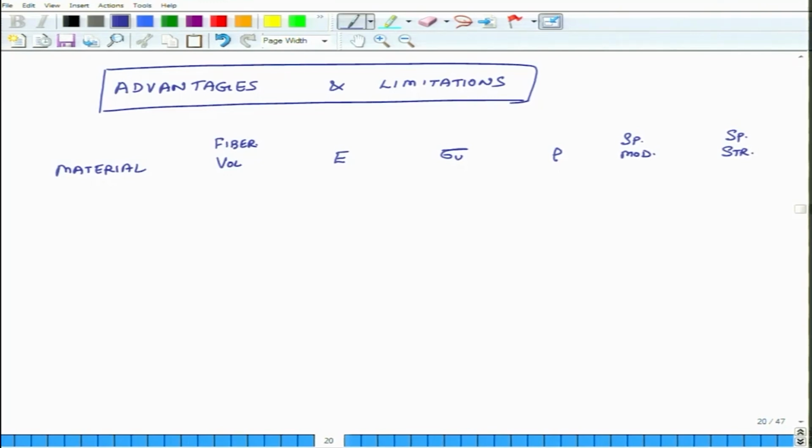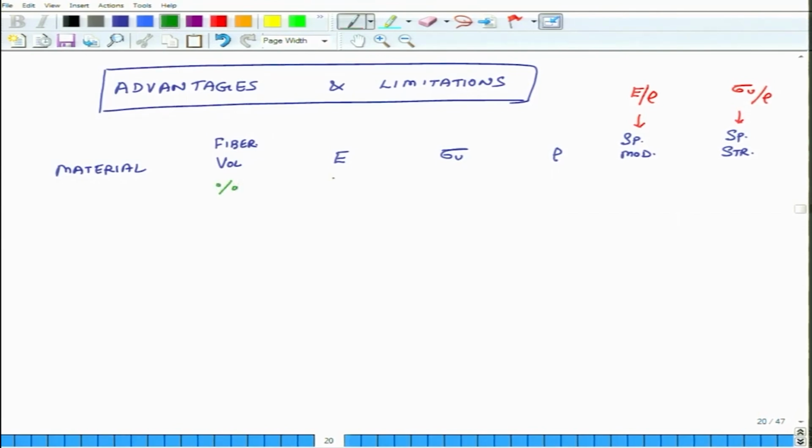Okay. So, what do I mean by specific modulus? By specific modulus, I imply E over rho, and by specific strength, I imply tensile strength sigma over density. So, this is how I find specific modulus, and let us write down the units of these.